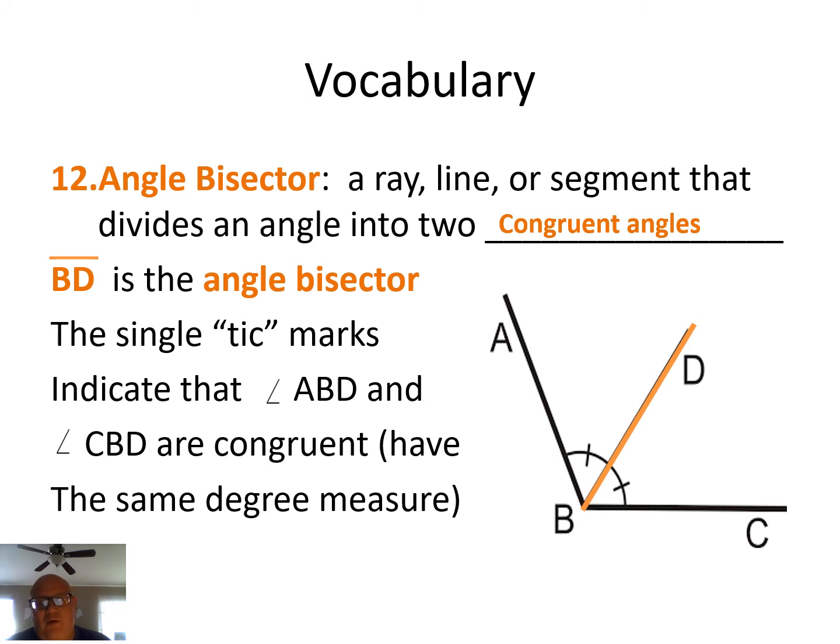Sometimes they'll do two little arcs, or two markings, and then maybe another marking over there. But don't worry about that. Right now, it says they're equal to each other. So that means ABD and the other angle DBC, I think, are congruent.